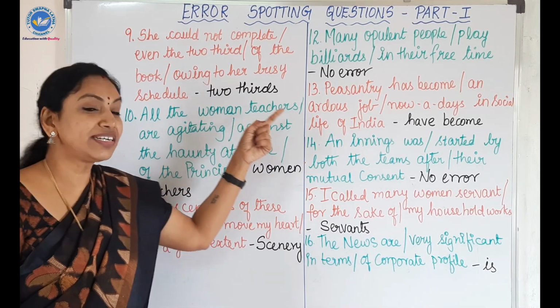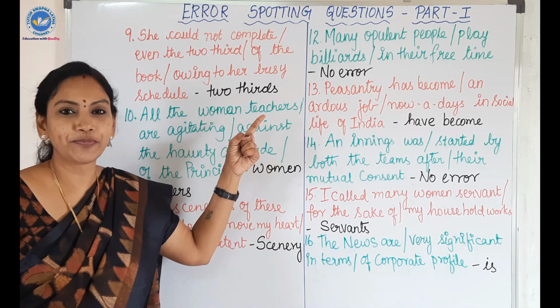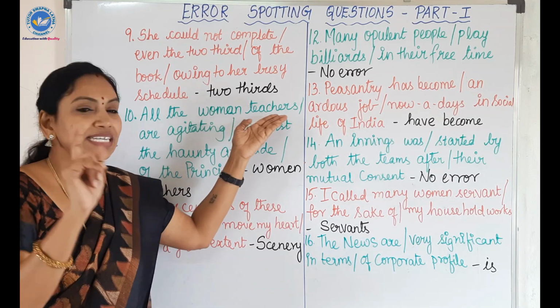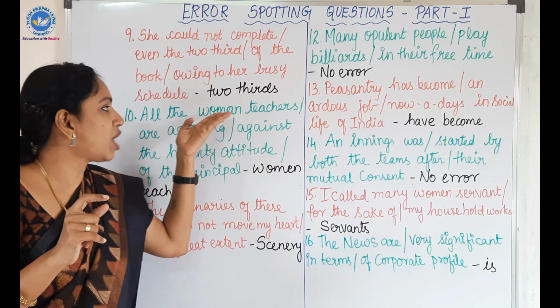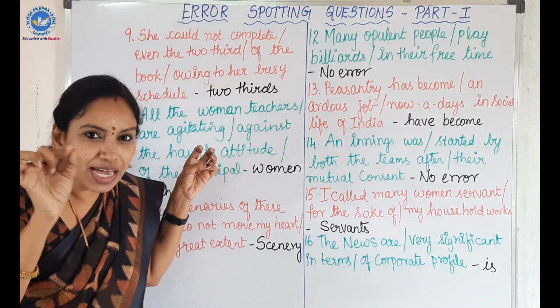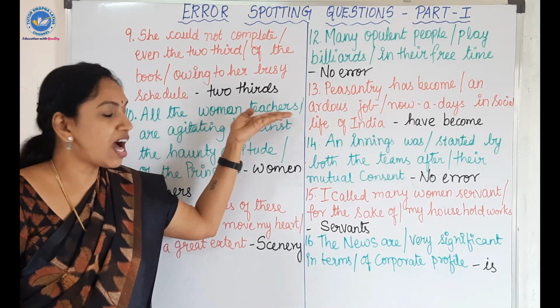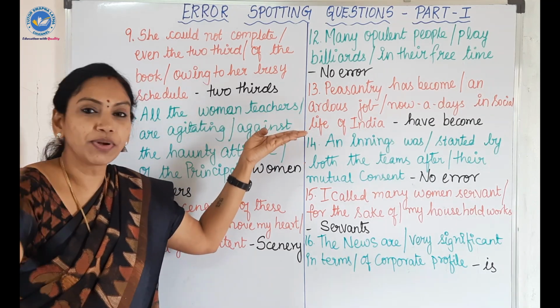Okay, women teachers. Women is singular, teachers is plural. If they have given women, you can write teacher. If they have given teachers, you have to write women. Hope you understood. If I have to write women, I have to write teacher. If I have to write teachers, plural has to come.